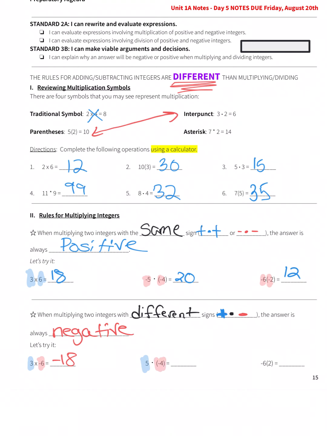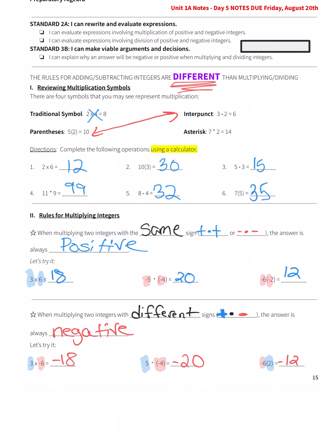A positive times a negative is a negative because they are different signs. Okay? And next one here, we have a negative 6 times a positive 2. They are different signs, so guess what? That means our answer is negative 12.